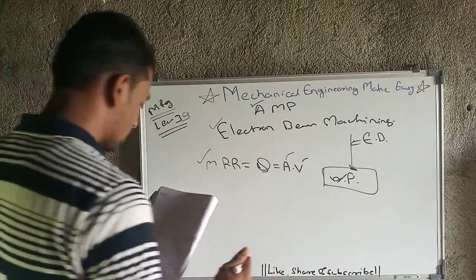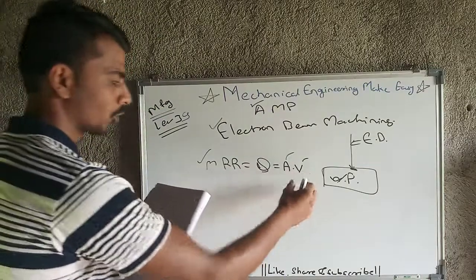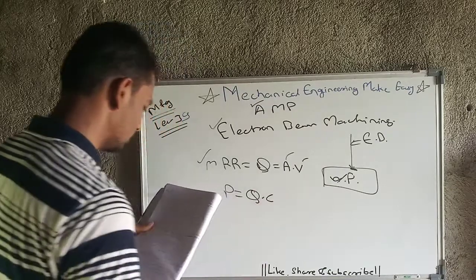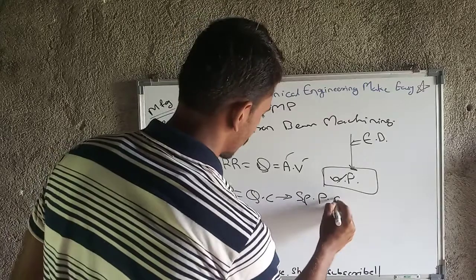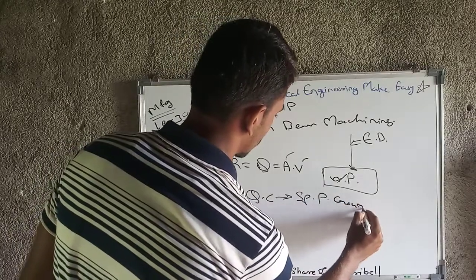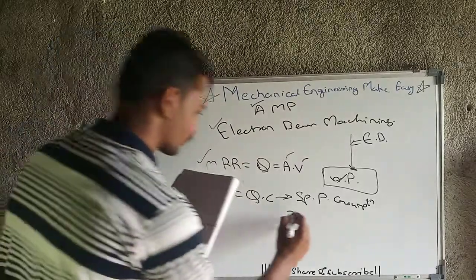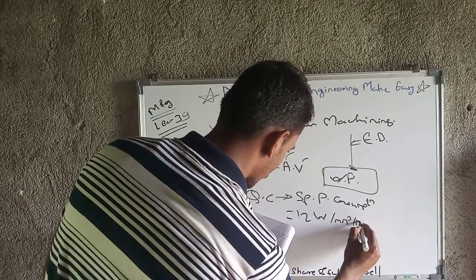Then next is beam power for Q. Beam power for this much amount of MRR will be denoted by P, which is equal to Q into C, where C is specific power consumption, which has some values like 12 watt per mm cube per minute.